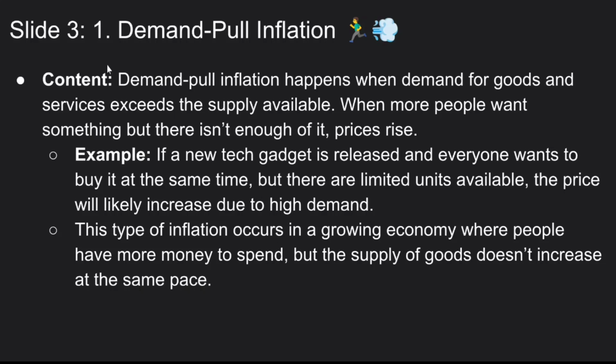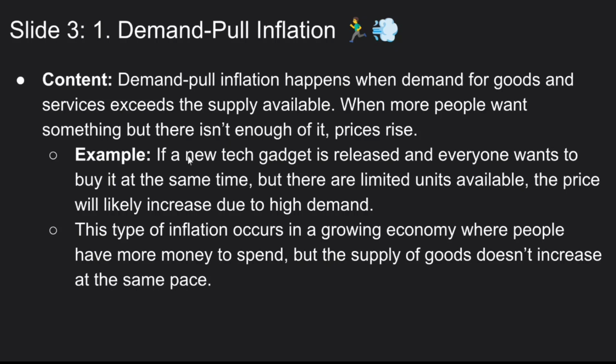Let's have a look at one model for inflation now, and this is demand pull inflation. This can be described as a scenario which happens when demand for goods and services exceeds the supply available. It's when more people want something and there's not the supply for it, therefore prices can rise.